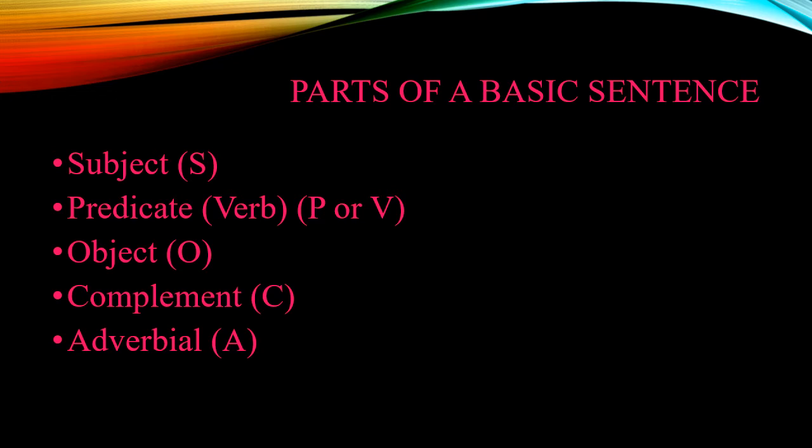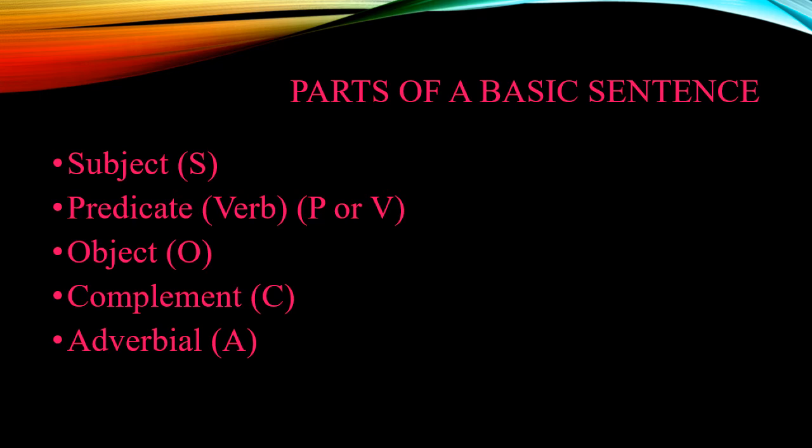It is expressed by the letter O. Now, in a sentence, you may have two types of object, that is the indirect object and the direct object. The indirect object precedes the direct object. The indirect object is expressed by IO, and the direct object is expressed by DO.